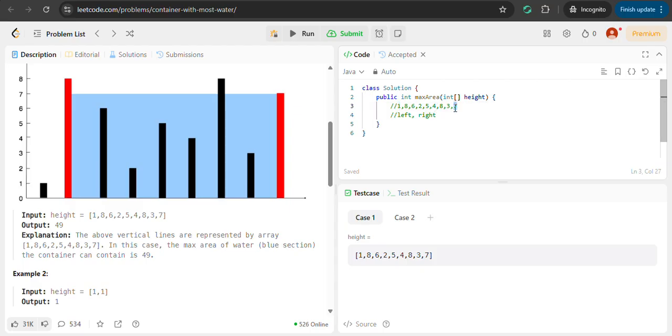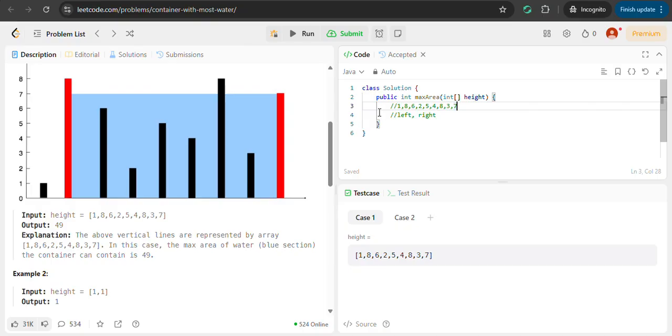The minimum of these is 1. So the maximum water it can hold is 1 into the width, 9 minus 1, which is 8. So 8 into 1 gives you 8. That is the water it can hold.